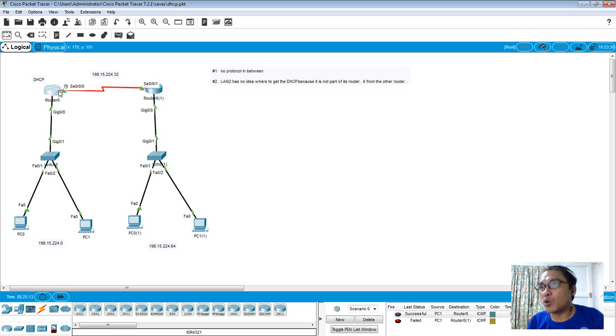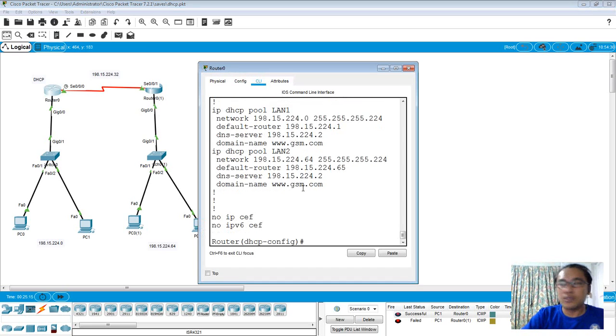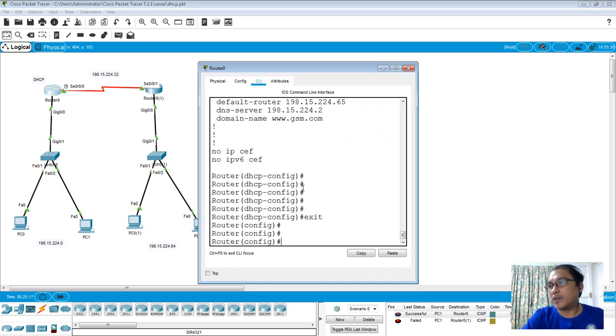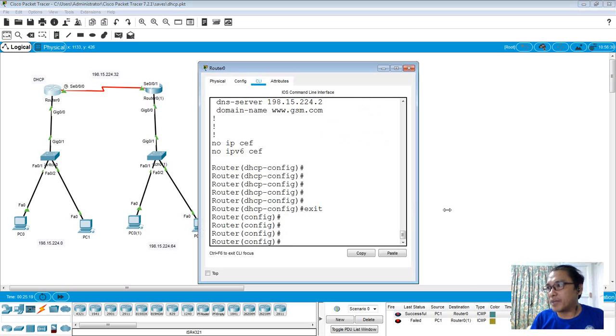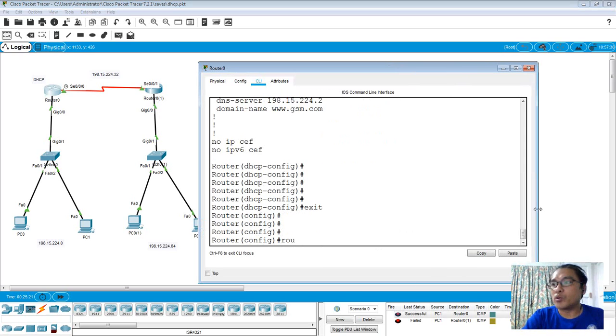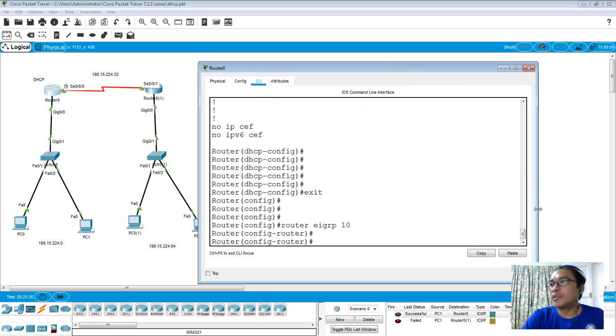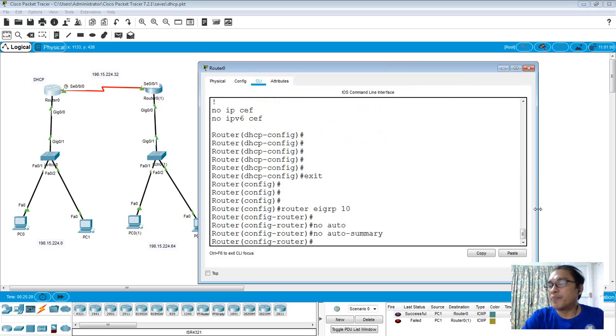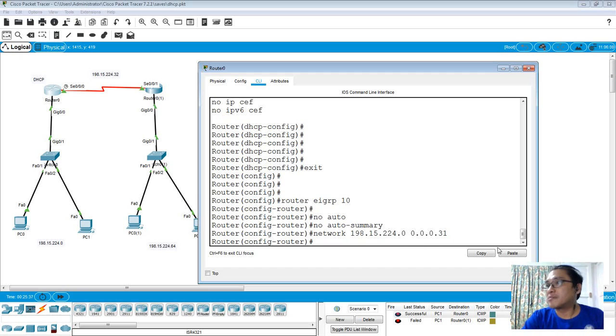To do that, let's set protocols in between. Everybody knows how to set up protocol. We are going to use EIGRP to make it very simple. So router EIGRP N, then no auto summary, then network. We use the network 0 with 0.0.0.31 wildcard mask, and the 32.